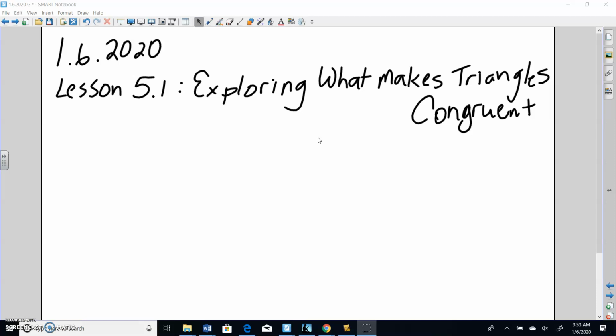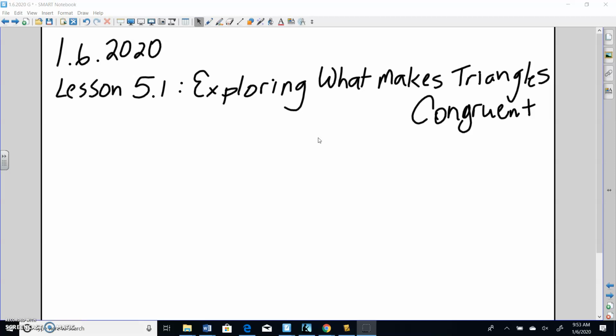And, oh, I forgot to mention, in our Bell work, when we had two congruent figures, what was the postulate or rule that we could use that allowed us to say that angle C was congruent to angle V? Remember what that was?